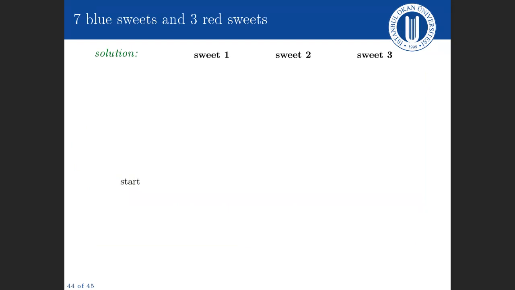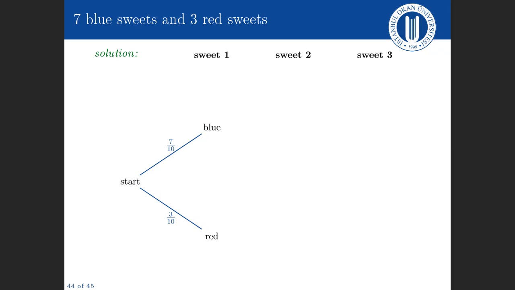Let's draw our probability tree. For the first sweet, we can either pick a blue one or we can pick a red one. 7 of the sweets are blue, so the probability that the first sweet is blue is 7 over 10, and the probability that the first sweet is red is 3 over 10.